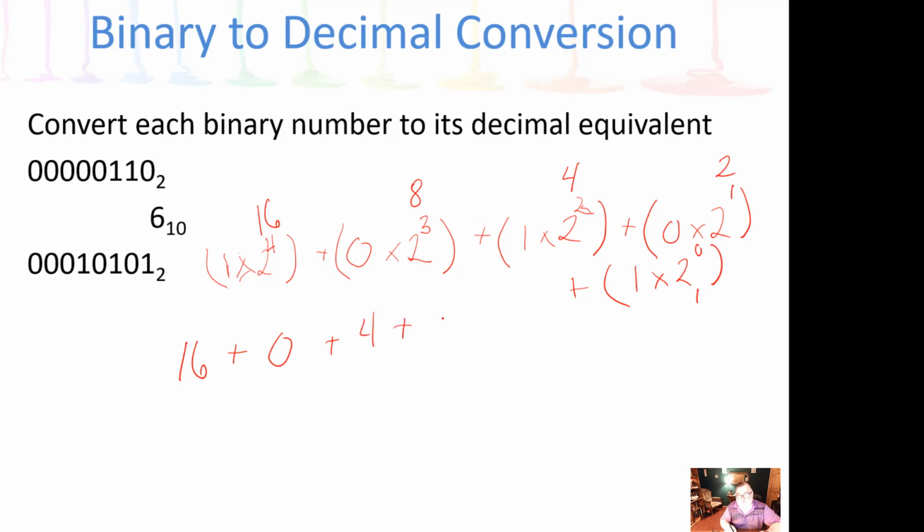Plus 0 times 2 is 0, plus 1 times 1 is 1. So we get 16 plus 4 is 20, plus 1 is 21. So this is equal to 21 in base 10. So 00010101 in base 2 is equal to 21 base 10.